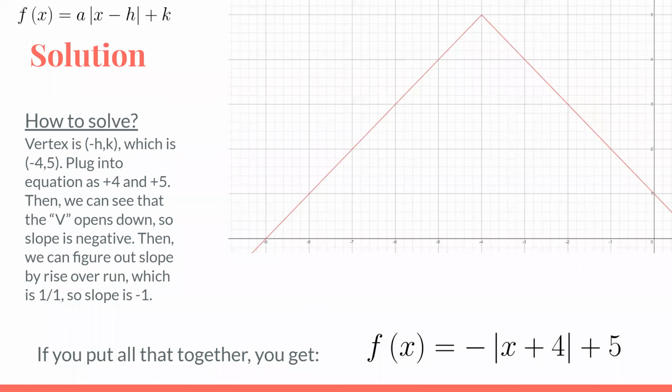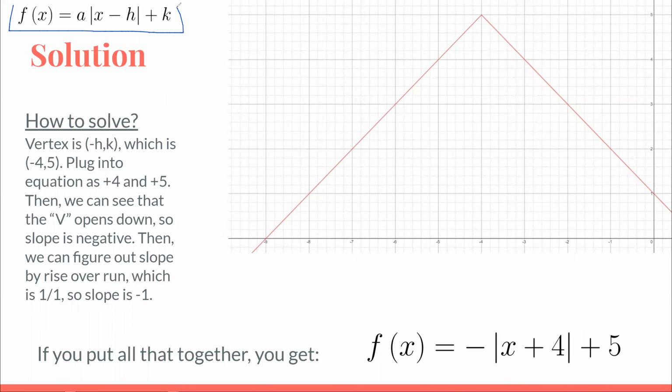Solution. Remember, f of x equals a times absolute value of x minus h plus k. How do you solve this? The vertex is minus h comma k, which is negative 4 comma 5 if you look at this graph.